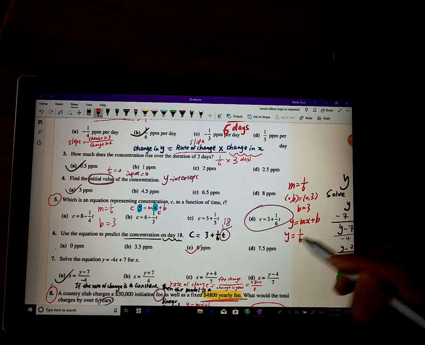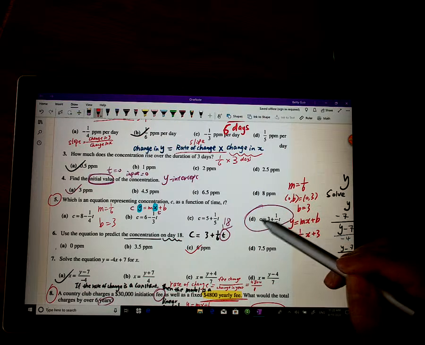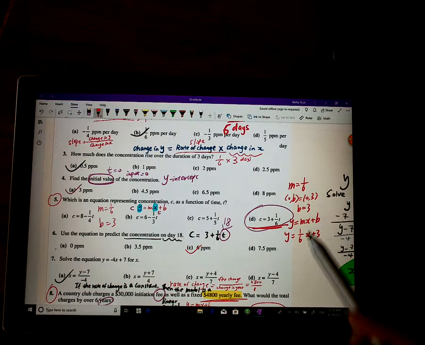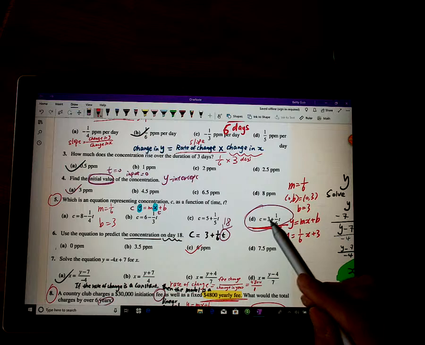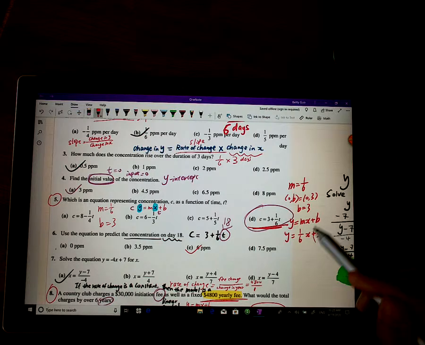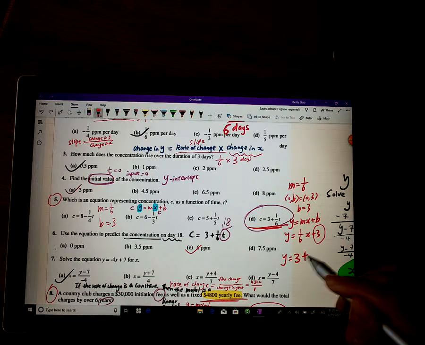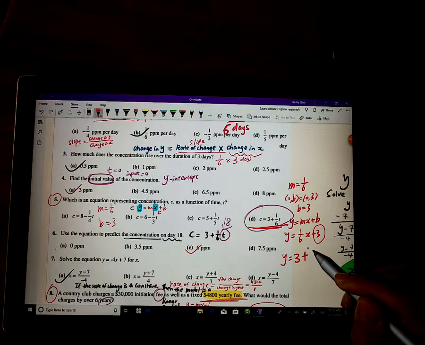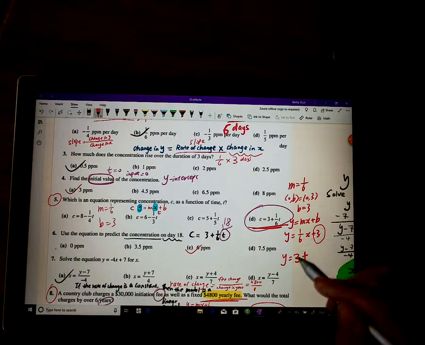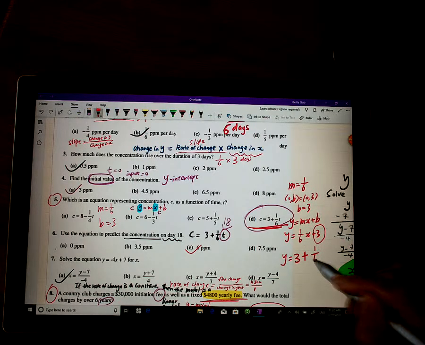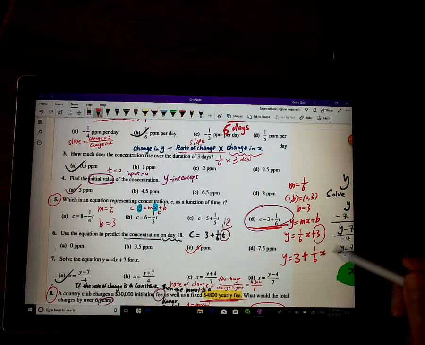Y equals 1 over 6 x plus 3. Only this one is correct. You may wonder why they write 3 in front of 1 over 6 t. Because 3, the y-intercept, is the initial value. From a different point of view, they think that is more convenient for talking about linear modeling problems. So they write 3, the initial value, in front of the slope times x.